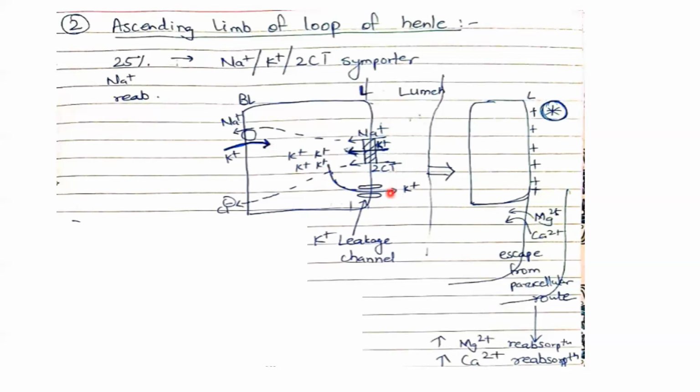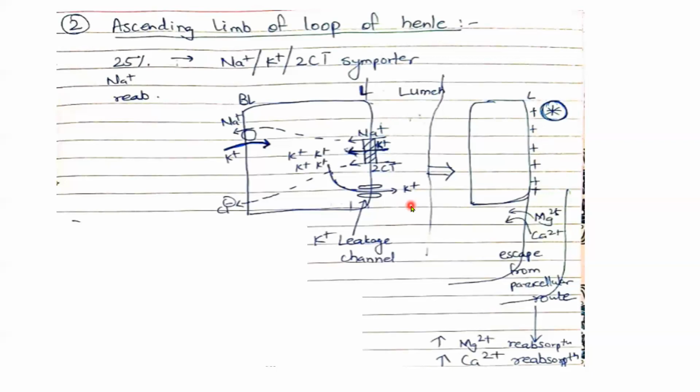So what is happening? Though here we say two positives are going, two negatives are going, so there is no net charge difference, but because positively charged potassium is coming into the lumen, the luminal side of the cells becomes positively charged because of the excess of potassium.